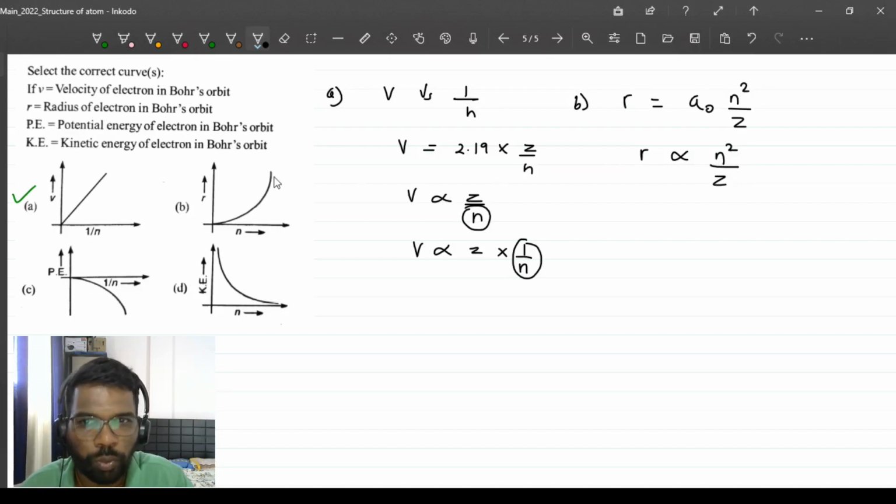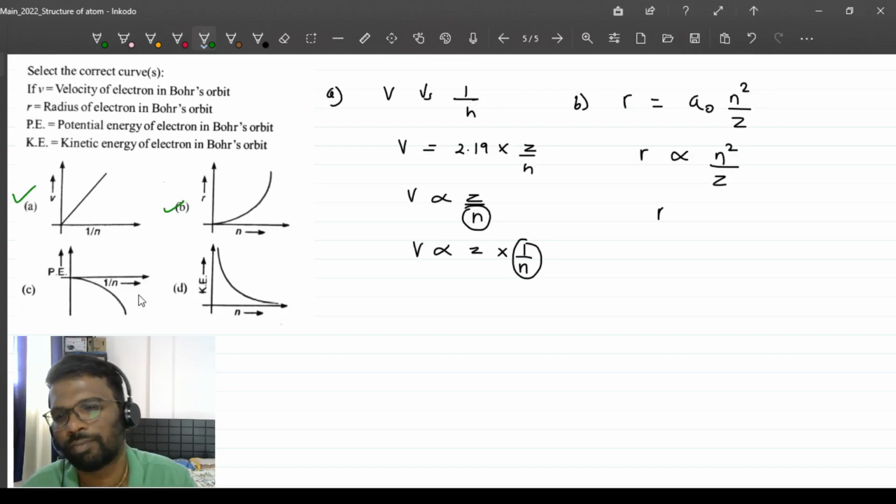So in this regard, this is radius and this is n. So this curve which we are getting says that this should be n square. Since this is a square, you will get the curve. So option B is also correct.